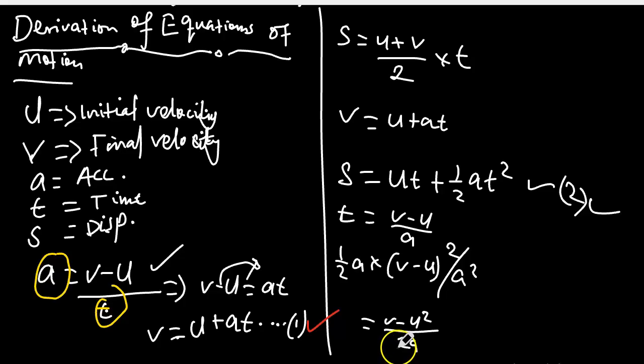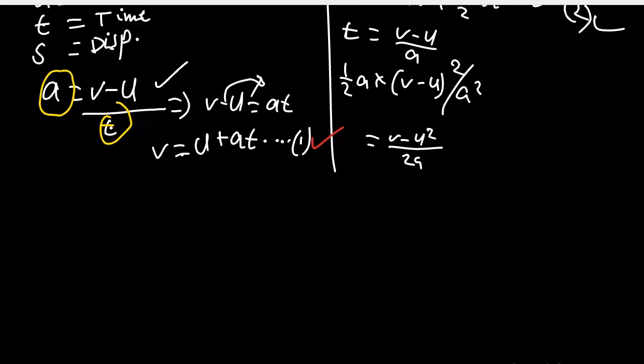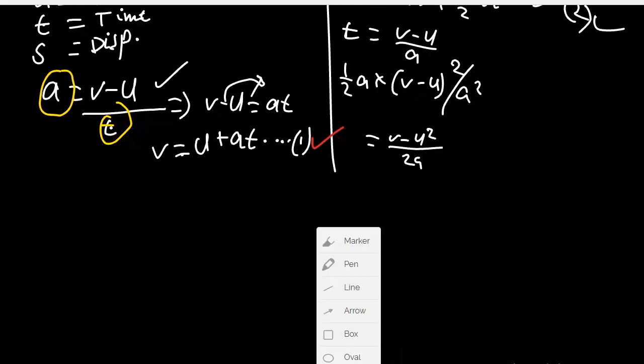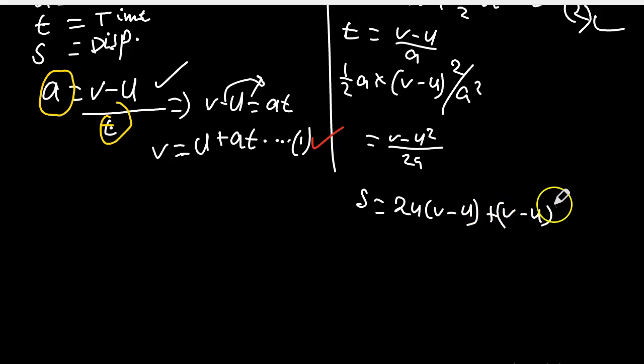So we can get a common denominator. Let's try to take this up a bit. If I get a common denominator, I will simply have s equal to 2u times v minus u, plus v minus u squared, divide all this by 2a.